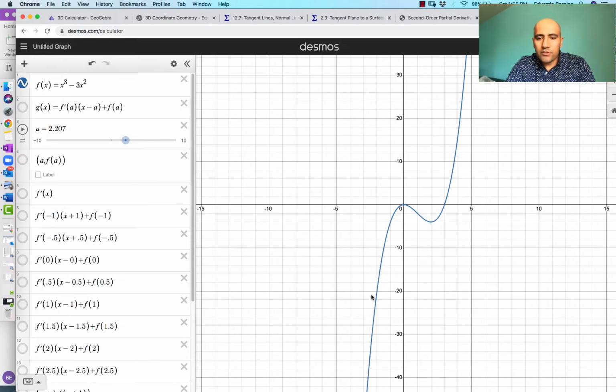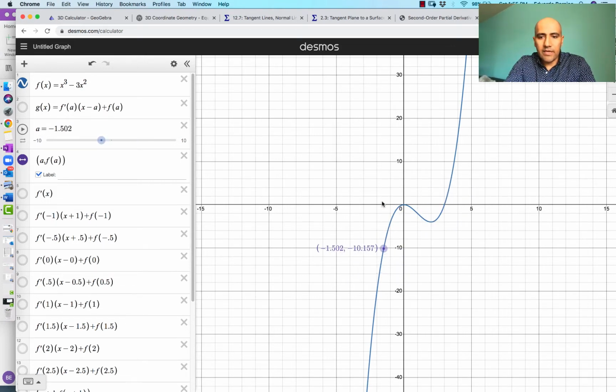Now what we're interested in is figuring out the instantaneous rate of change of this function at a particular point. For example, let's say we're interested in this purple point right here, at various points along the function.